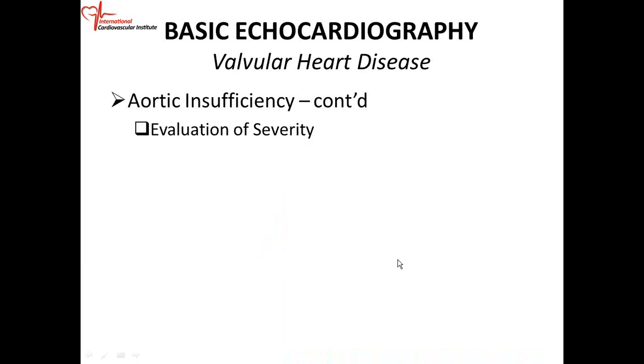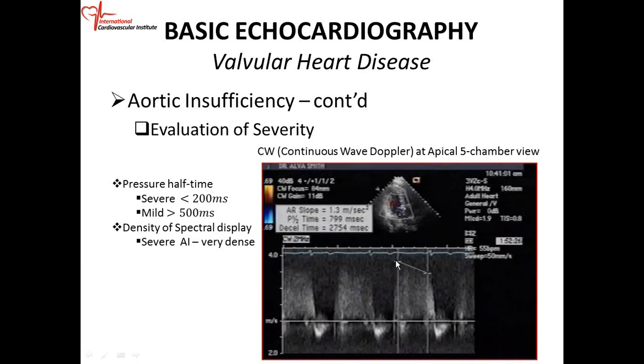This thing is very sensitive, so we drop on the slope. We put our signal right on the slope, and the computer will give you a pressure half time. So this pressure half time, P half, is 799.